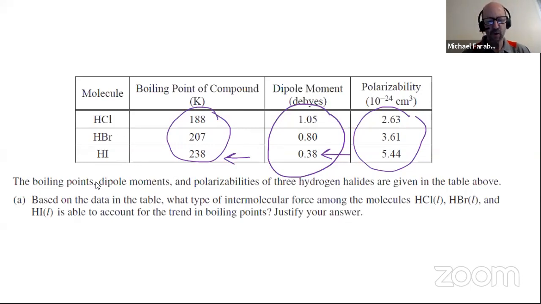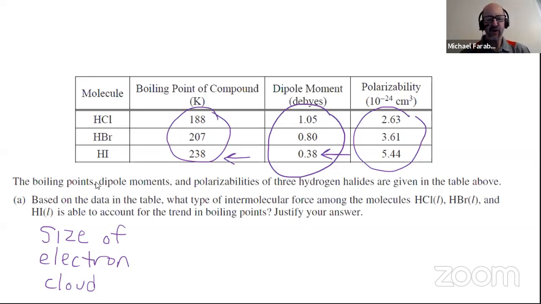Now, what exactly is polarizability? Well, polarizability has to do with the size of the electron cloud. Effectively, polarizability is how likely the electron cloud is to be distorted.